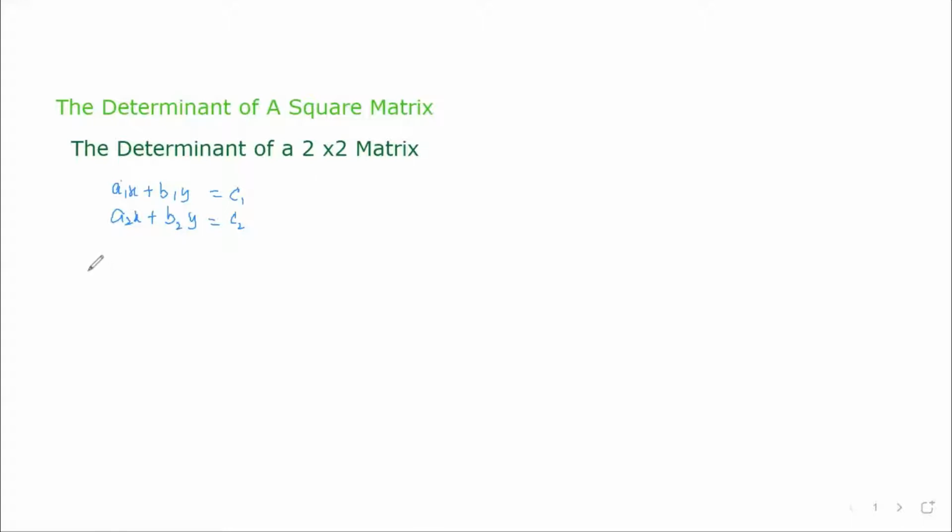matrix, in general, we write it down as a matrix A. We will get the coefficients, right? So we're gonna have A1, B1, A2, B2. Okay, so this matrix is the coefficients matrix.